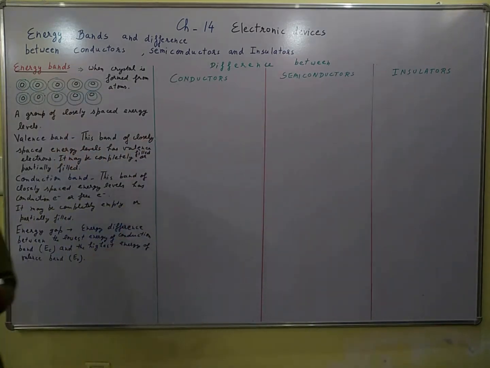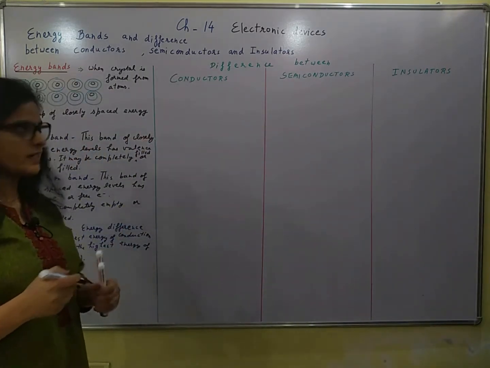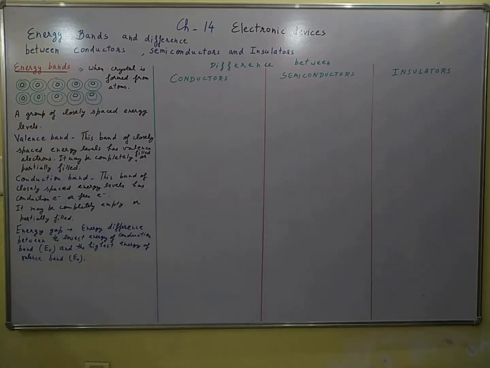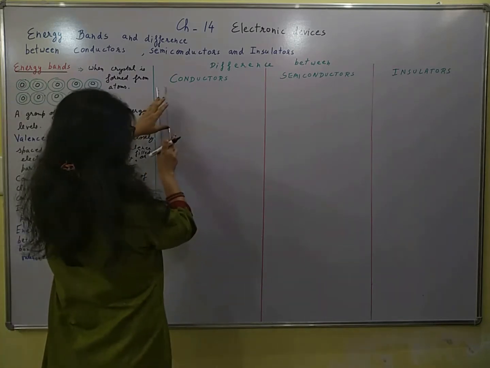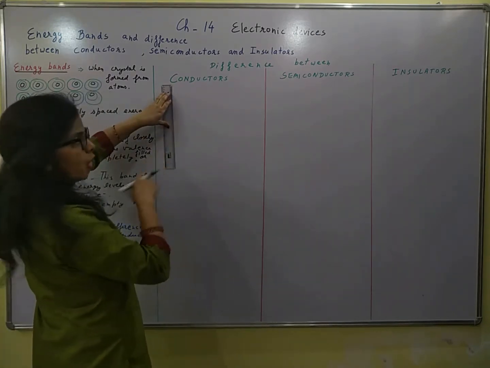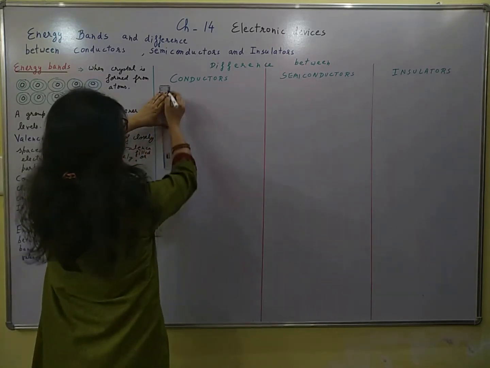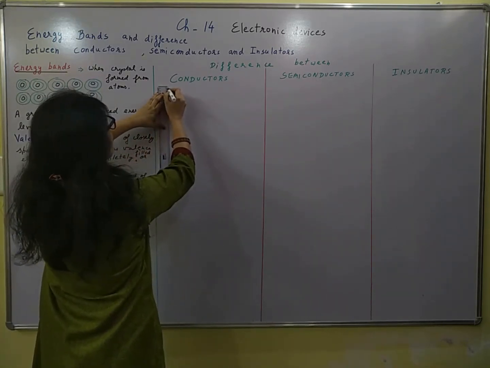So conductors are the materials which conduct, we know that. So here in this case what happens is that the difference between the valence band and the conduction band is nearly zero, or there may be overlapping of the valence band and the conduction band. So I'll draw both the diagrams.